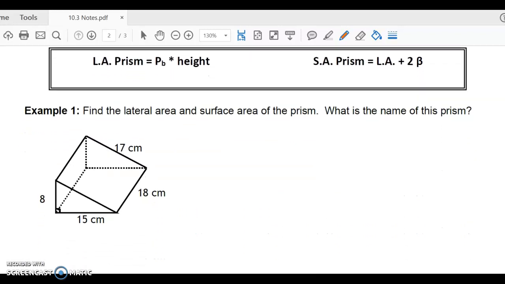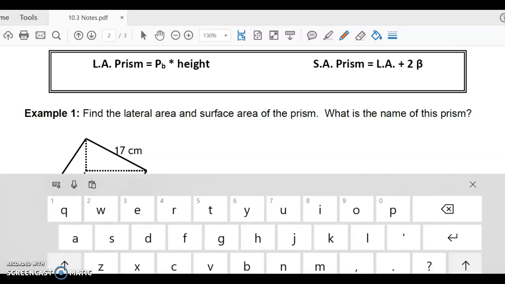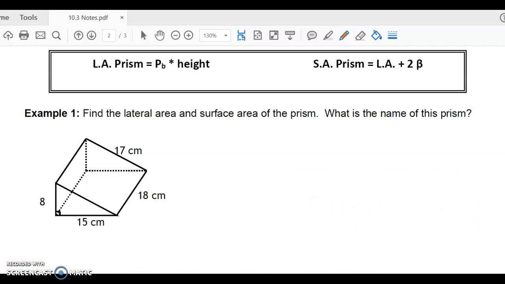Alright, let's try example 1. Find the lateral area and the surface area of the prism. What is the name of the prism? The name of the prism is a triangular prism. The lateral area is equal to the perimeter of the base times the height.